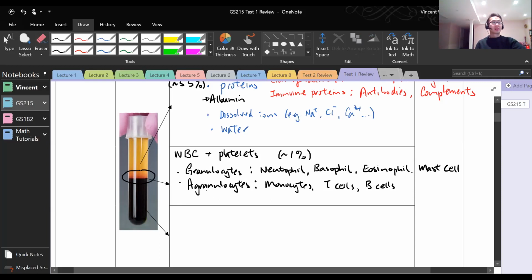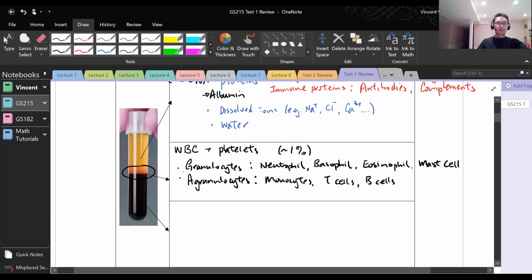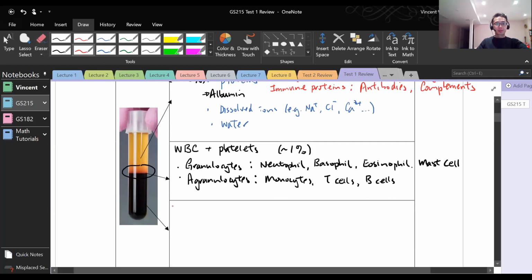Okay. So these are going to be found right here in the middle. Right? It's like a fluffy layer that just floats in between the plasma and the red blood cell. Okay. So down here we have our RBC. What is another name for this portion? Anybody remember?